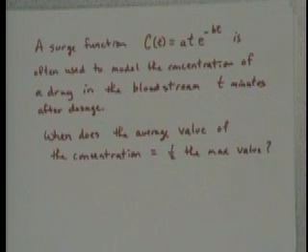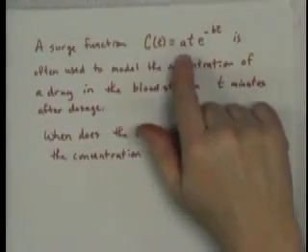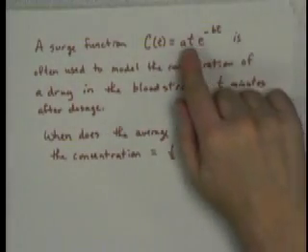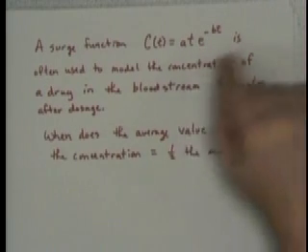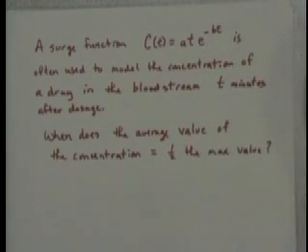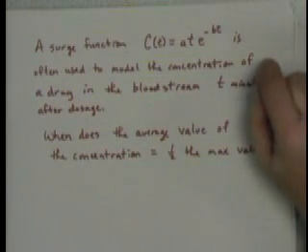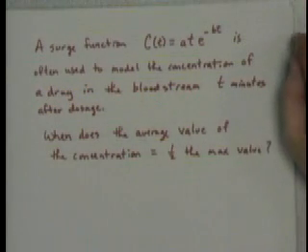So here's a possible calculus kind of question. It involves both this semester and last semester. So a surge function is given by something like this. A and B are constants, depending on the type of drug and the person themselves, amount that was dosed.